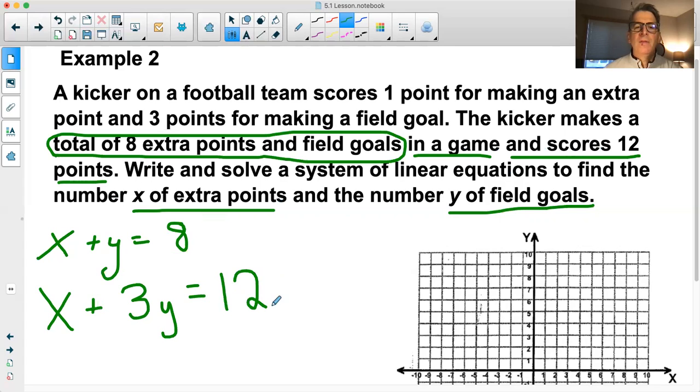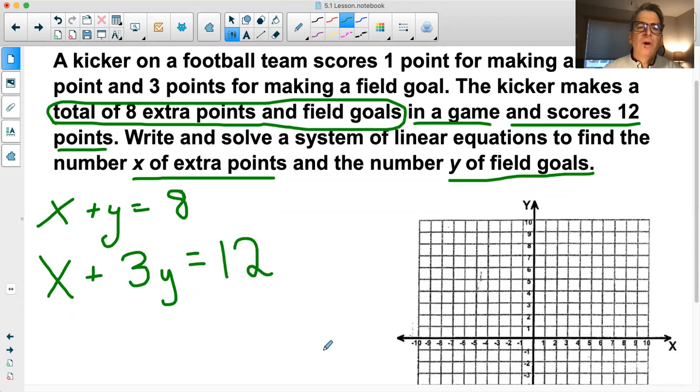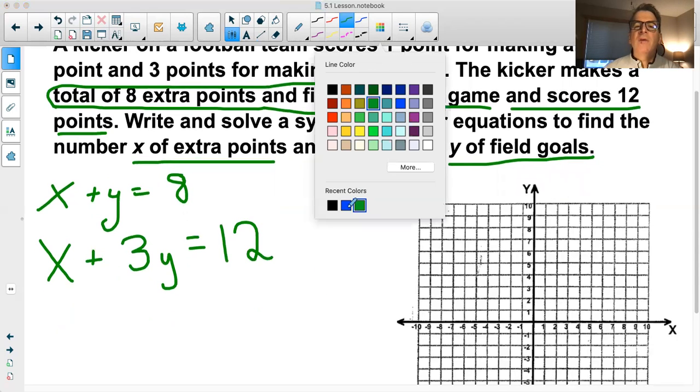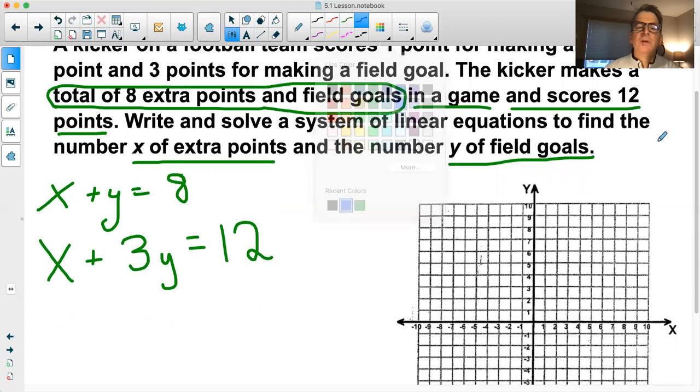These are not in slope-intercept form. So what you can do is put them into slope-intercept form, or find whatever way you want to graph it, using the intercepts, finding 2 points, whatever way you want to do.